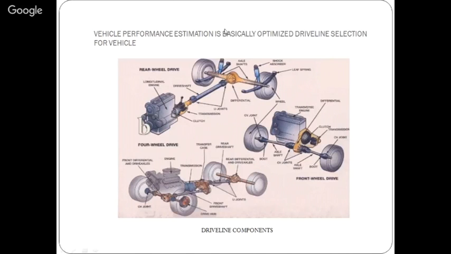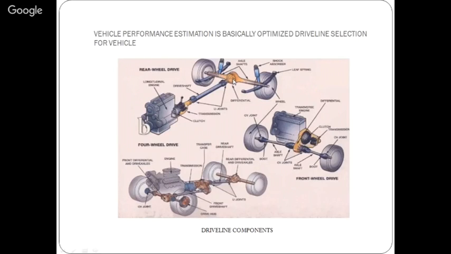The third component is the differential, which distributes the power at 90 degrees, and it also acts as a second transmission for the vehicle, because it increases the gear ratio which is taken from the gearbox. Then the tire.